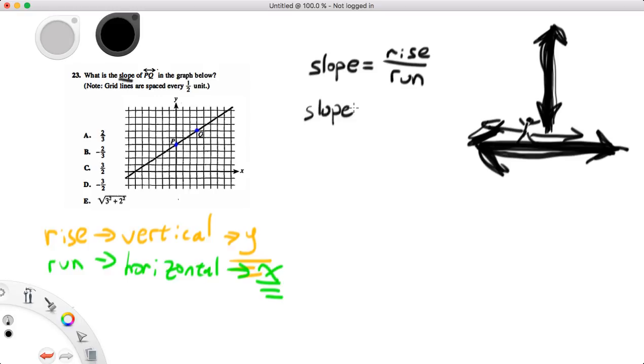So we're going that way or that way. So your run, which is horizontal, is going to be part of your x-axis, okay? So that's horizontal, and that is your x.